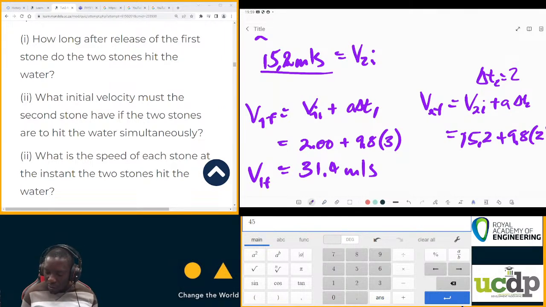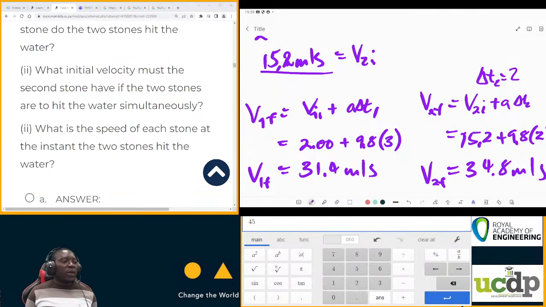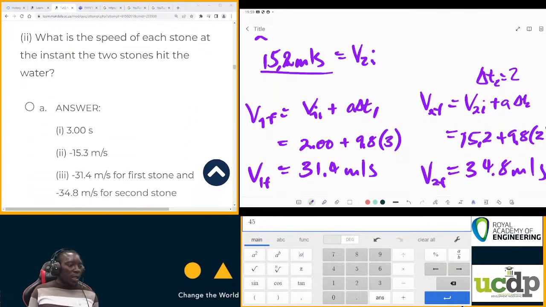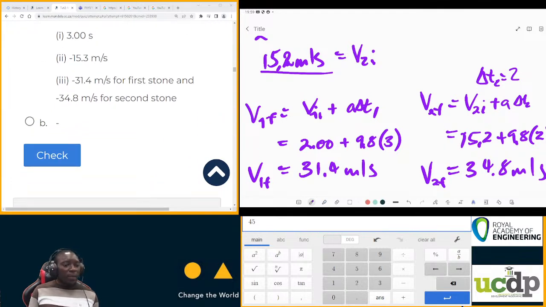So 15.2 plus 9.8 by 2 is 34.8 meters per second, v2 final. So those are the velocities of the stones as they hit the surface of the water.